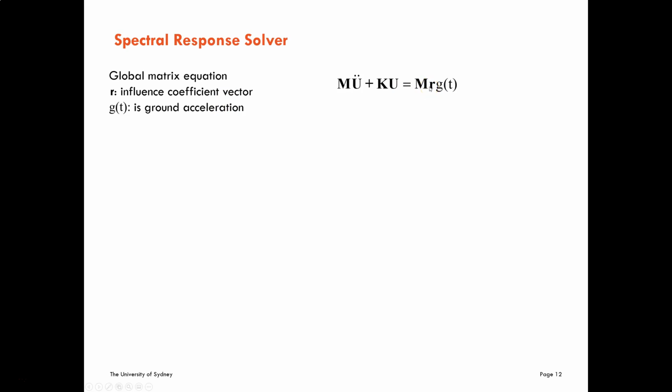This is a vector with n values, where n is the number of degrees of freedom, and a component of this vector is going to be 1 if the force is acting on that degree of freedom, or 0 otherwise.